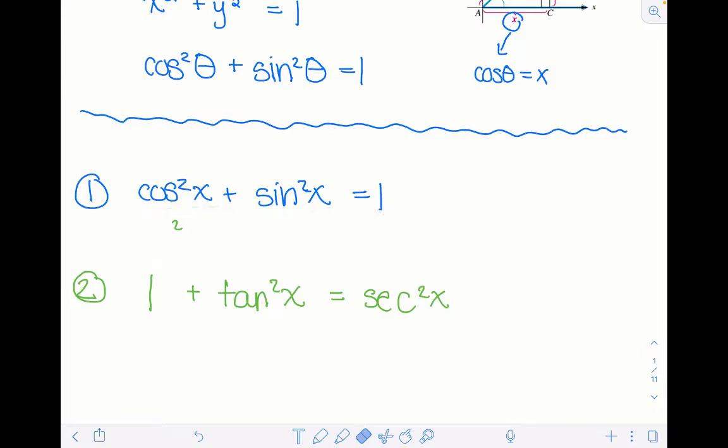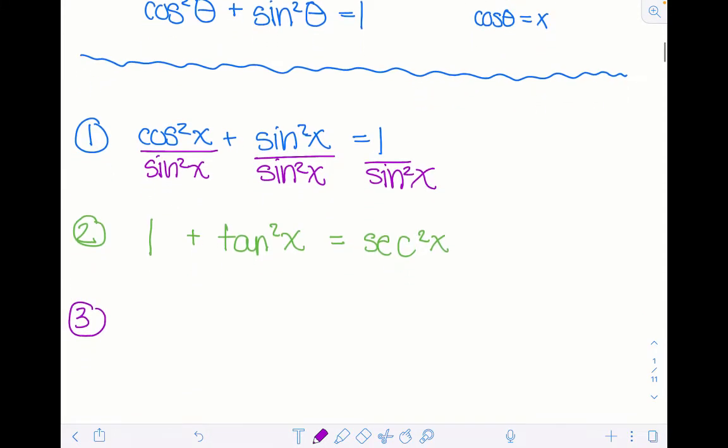Now to get the third one, you can divide everything by sine squared. And then we'll just go ahead and simplify it. So cosine over sine is cotangent, so that's going to be cotangent squared.